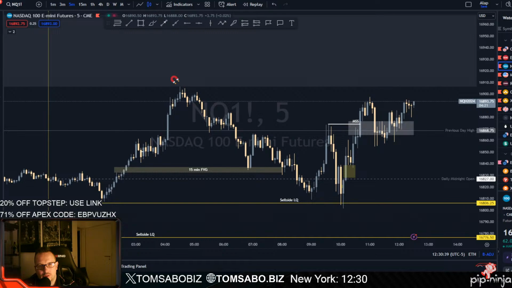Went lower, then it got back higher. Look at it, now it's going for it. Alright, at least we see some movement around here. Finally. Nice, nice.